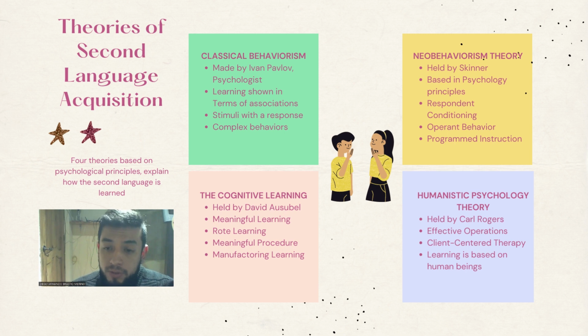The person makes his own criteria about what is important to learn and what the person considers adequate to learn. So the information will be kept in the brain depending on how conscious the person is to understand what is important to learn. And those were the four theories of second language acquisition.